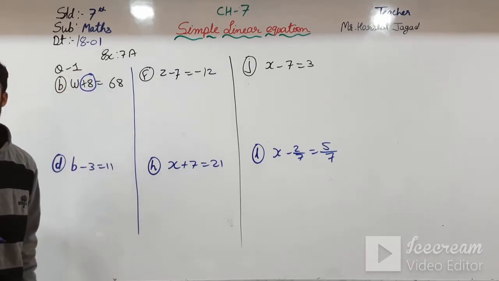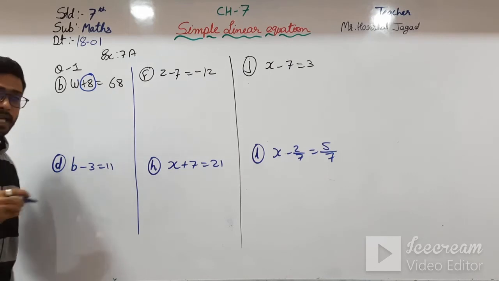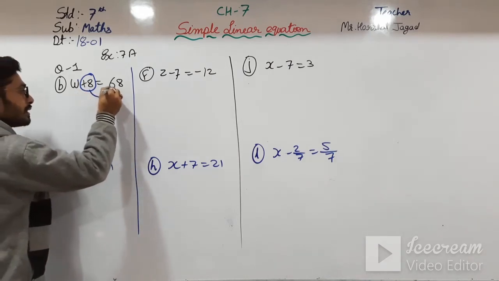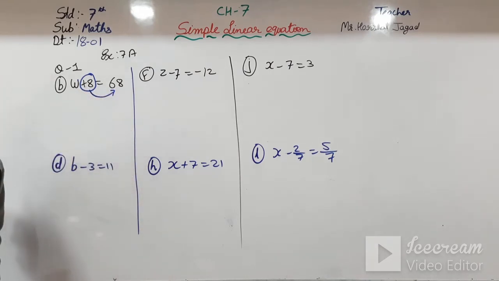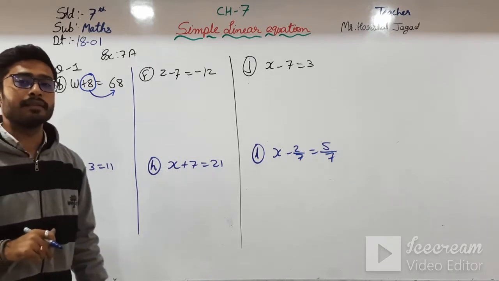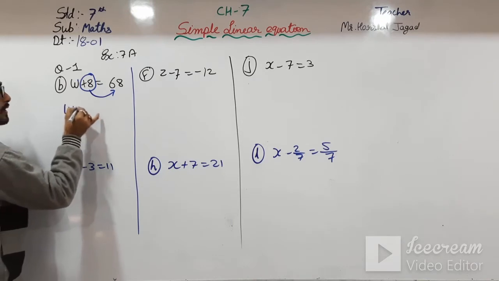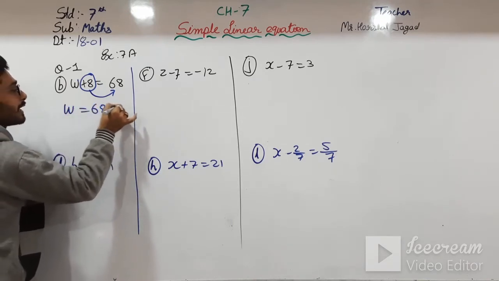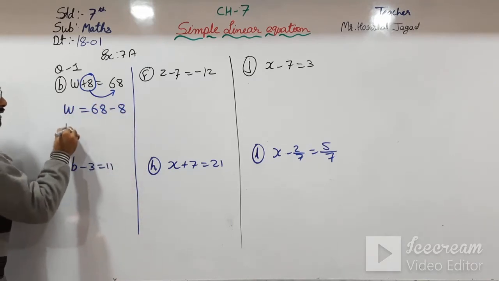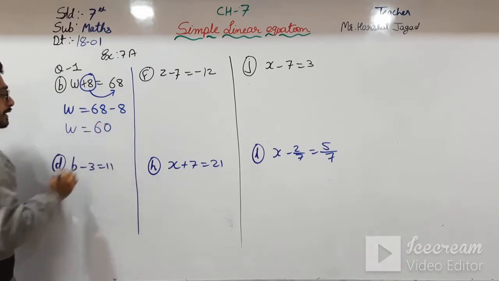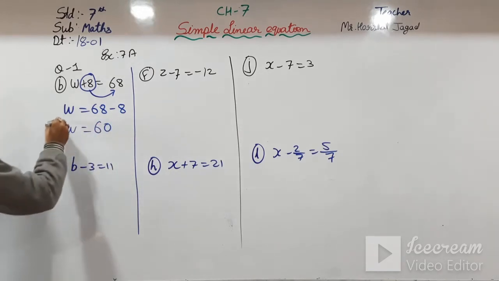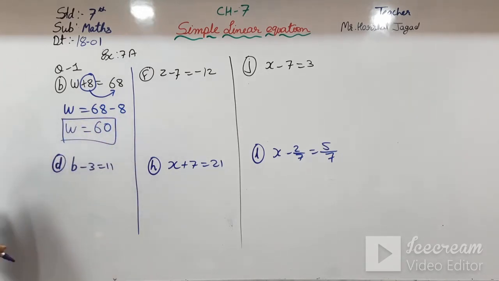When it moves to this side, it will be in subtraction. So W is equal to 68 minus 8, and W we get, that is 60. So our W, that is 60, is our answer.